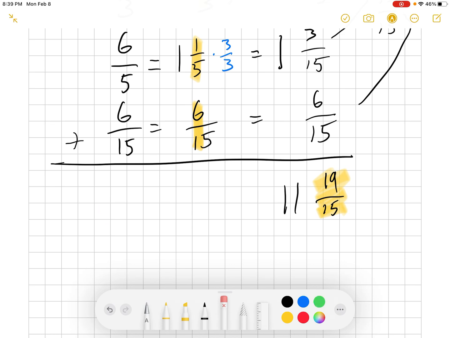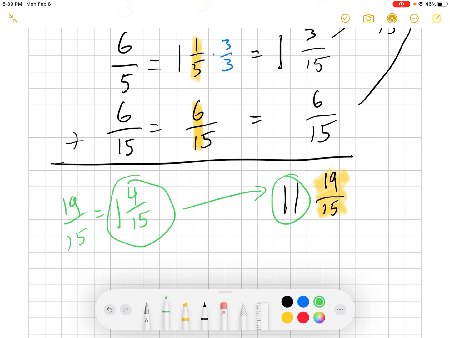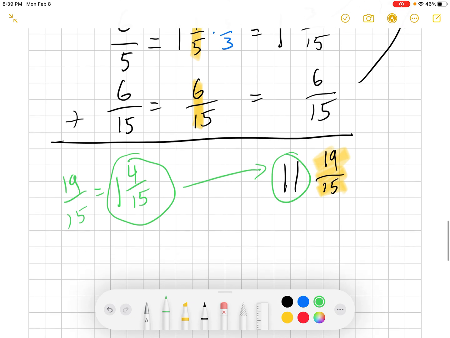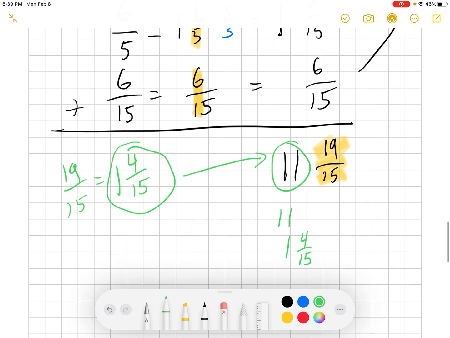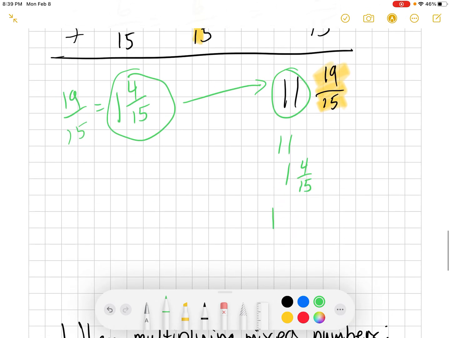Let's choose green here. 19/15 can be rewritten as 1 and 4/15. And when I combine 1 and 4/15 with my original 11, this will become 11 plus 1 and 4/15, which is a grand total of 12 and 4/15.